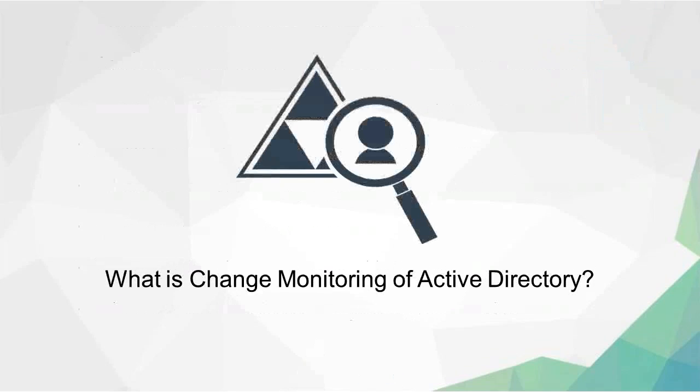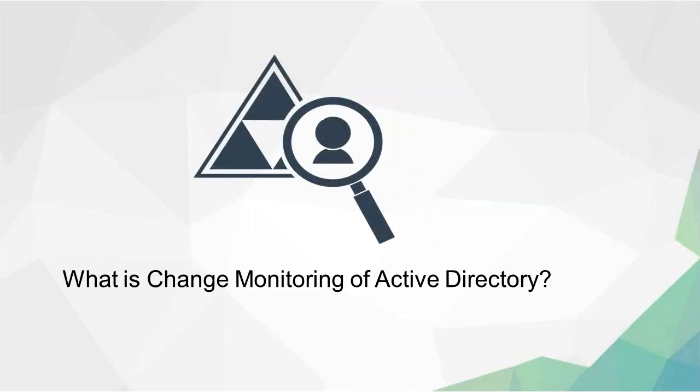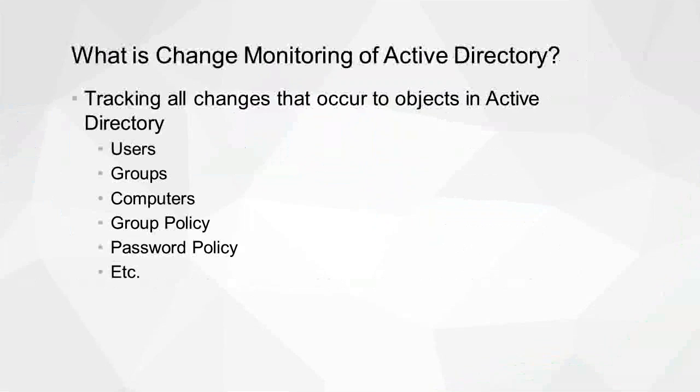So when it comes to change monitoring of Active Directory, what does that mean? Well, what that means is that I want to track any change that occurs to all the objects in Active Directory. Of course, we're familiar with users and groups, but we want to also track changes to computers. We want to track changes to organizational units, to group policy, the details in group policy, such as the password policy.